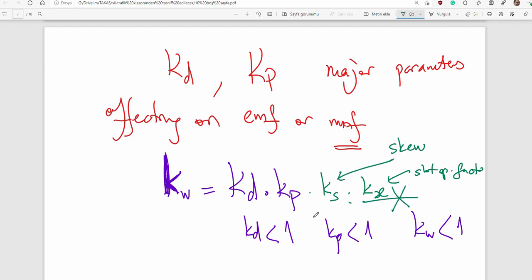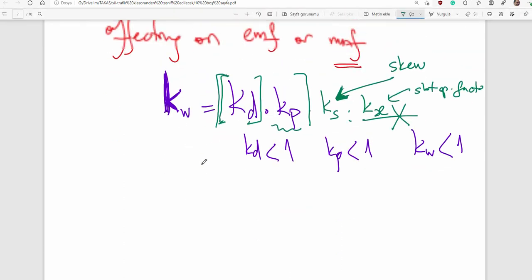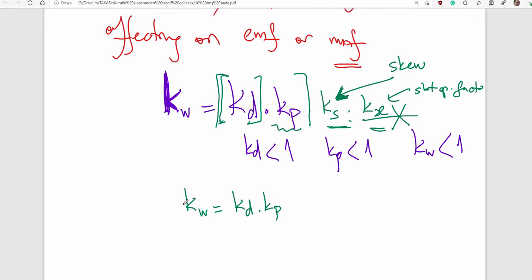The skew factor is also only used in a rotor portion or some induction machines, in squirrel cage type machines, but in synchronous machine, Kd is the major one, this guy. Kp is not as common, but those two are again the most common ones. So the winding factor today we have introduced to you is equal to Kd times Kp, even if there are some other factor components. Now in synchronous machine we don't deal with skew or slot opening.